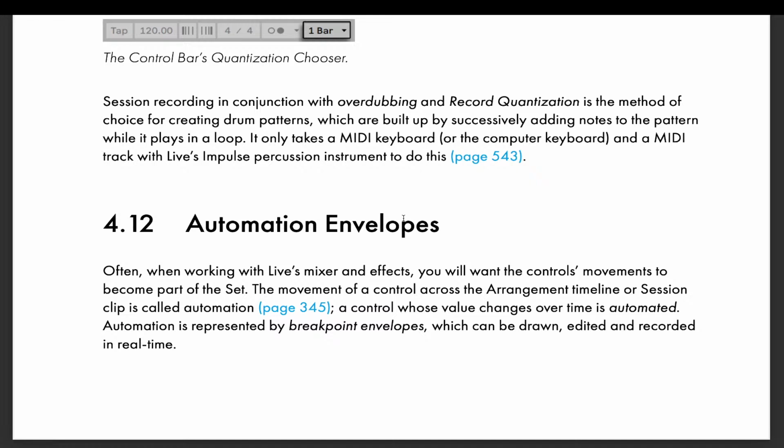It only takes a MIDI keyboard or the computer keyboard and a MIDI track with Live's Impulse percussion instrument to do this. Page 543. So hopefully by the time we get to 543, this will all be coming together. That's my hope.